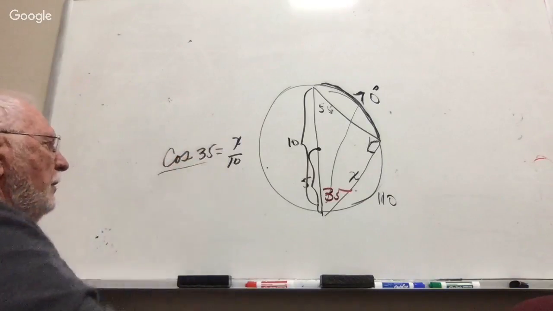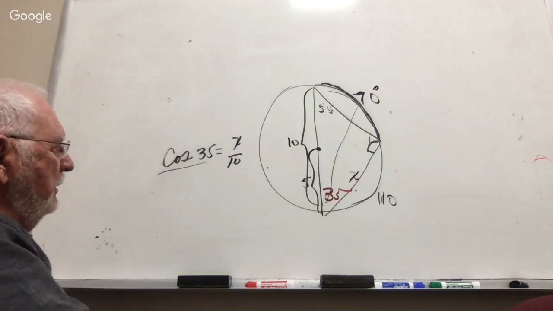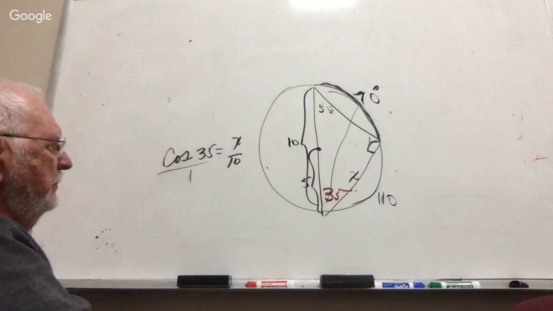So use your calculator and do cosine of 35. Is it supposed to be in radians or degrees? It should be in degrees. Okay, so then I do cosine of 35 times 10. Multiply by 10. So it's 8.19.